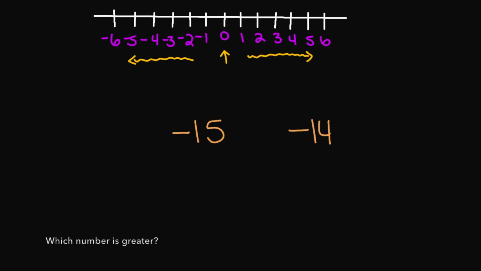Which number here is larger? The larger number here is going to be -14. Keep in mind that -14 is closer to 0 than -15. What about -25 and -30? Which number here is larger? The larger number here is going to be -25.